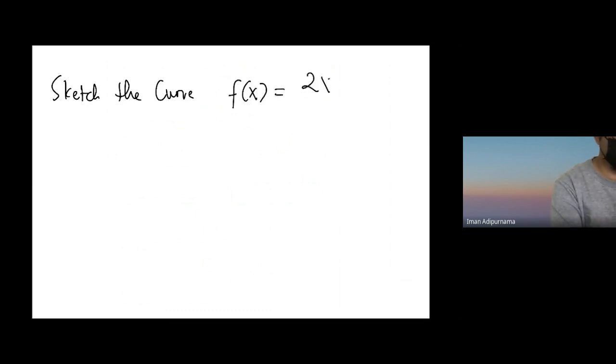Sketch the curve y equals f of x equals 2x squared divided by x squared minus 1. Because it's the same degree, there will be no slant asymptote, right? So we can check the other asymptotes if you have.